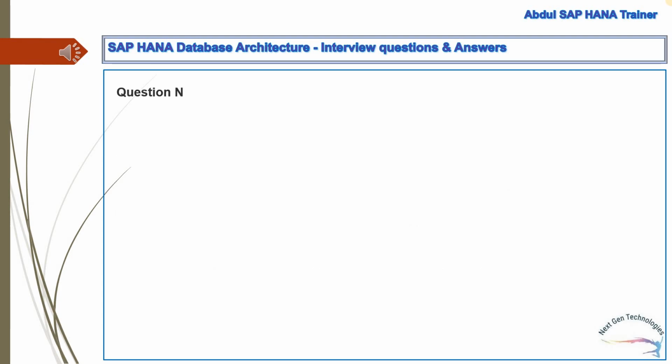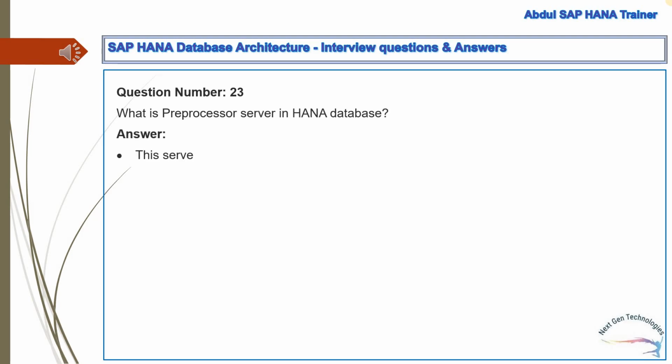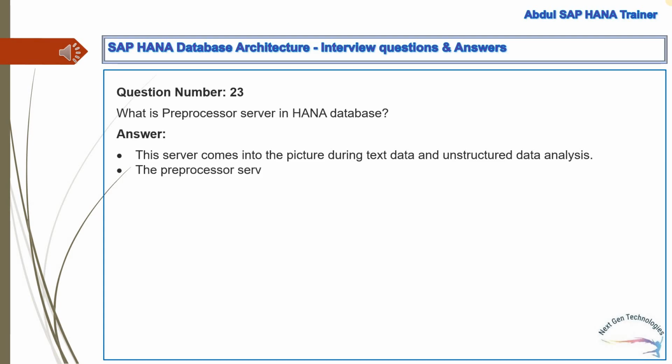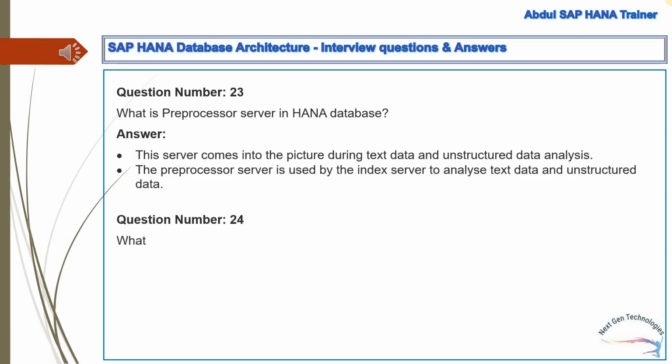Question number 23. What is preprocessor server in HANA database? Answer. This server comes into the picture during text data and unstructured data analysis. The preprocessor server is used by the index server to analyze text data and unstructured data.